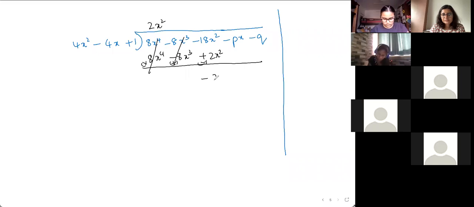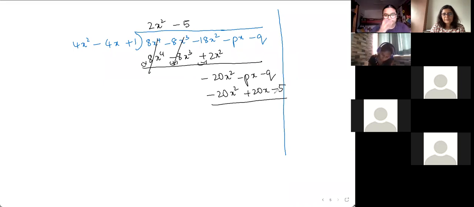So this is minus 20x square, because the two got cancelled, I'm bringing both px and q. 20x square, this will be minus 5. So minus 20x square plus 20x minus 5. So this will be plus, this will be minus, this will be plus. This got cancelled.